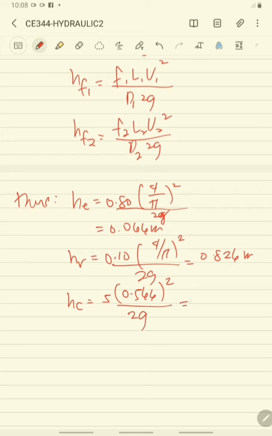So this is 2 times 9.81, and this is 0.082 meters. I have to emphasize that G is 9.81.